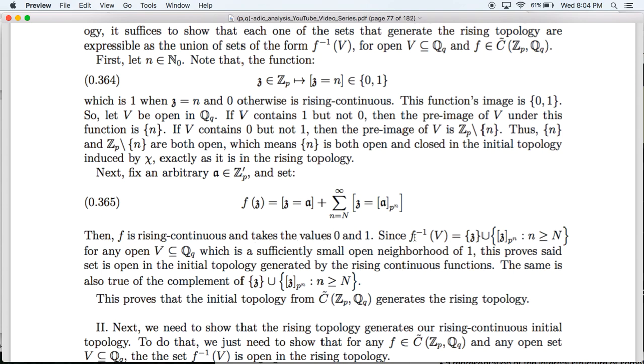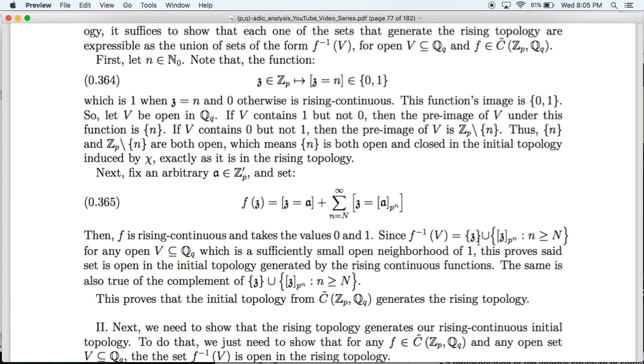Since f preimage of V is equal to this set for any V in Q that is a sufficiently small open neighborhood of 1, this proves that this set is open in the initial topology. Technically this should be a, not z. My bad.